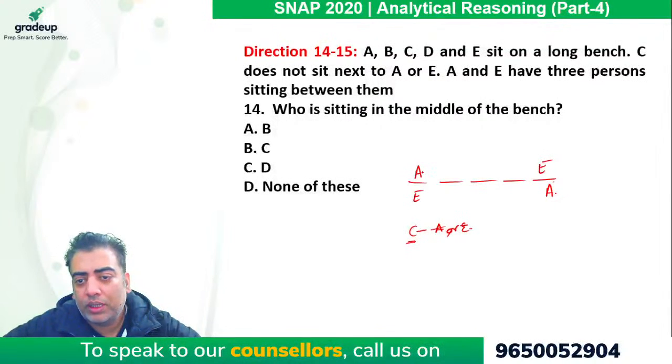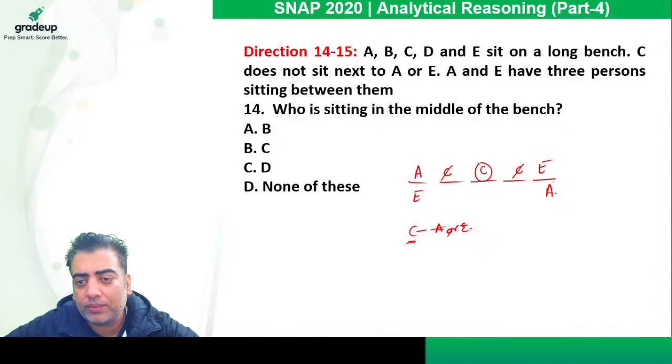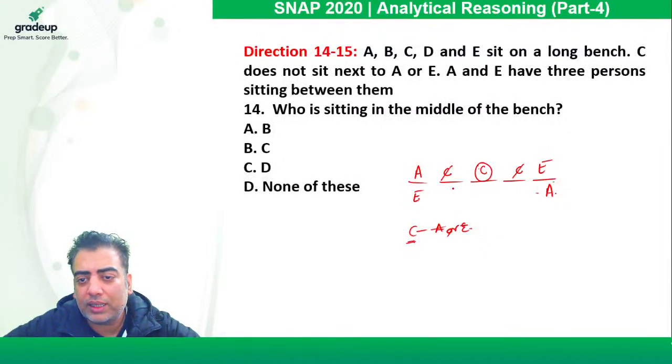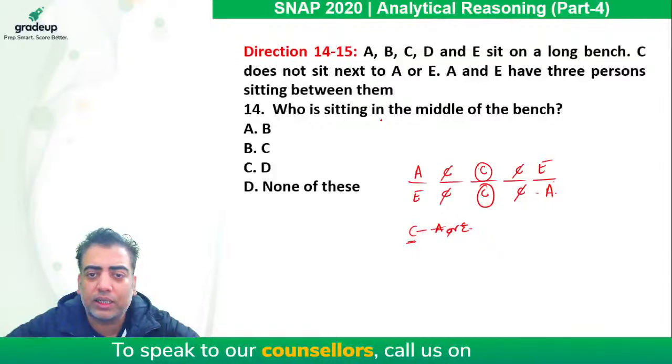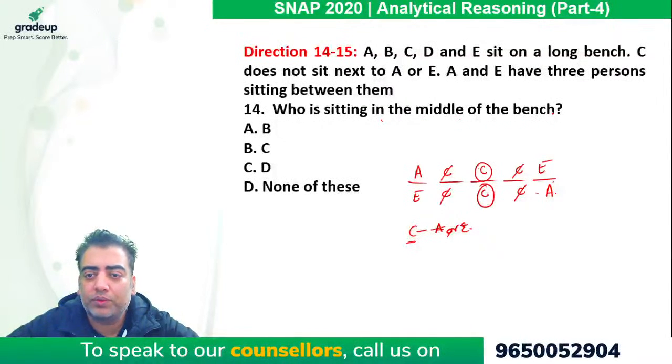So I know that C will not come either in this position or in this position, so C will come here. If we consider this case, still C will not come in either of the two positions, so C will come here. And in the question he is asking who is sitting in the middle of the bench. So the correct answer option comes out to be B, which is C.